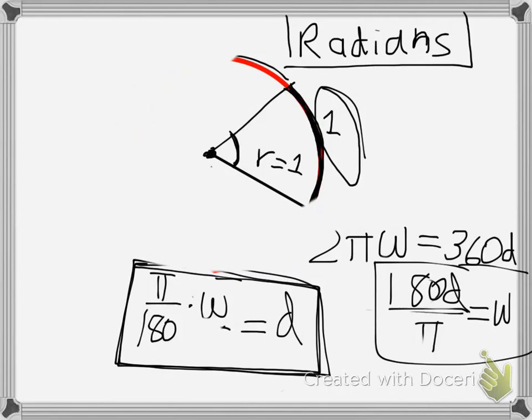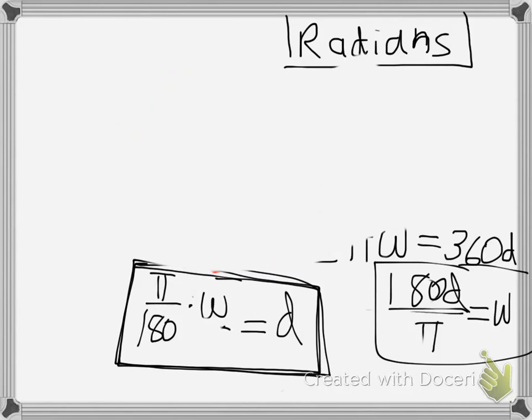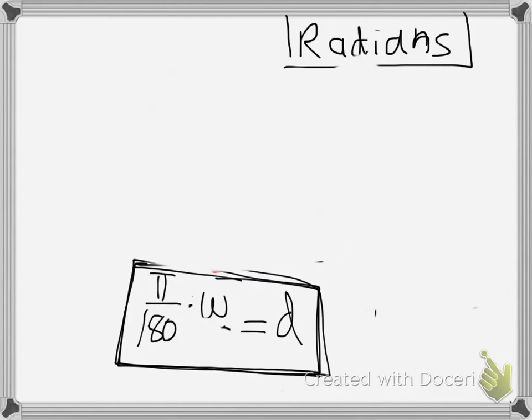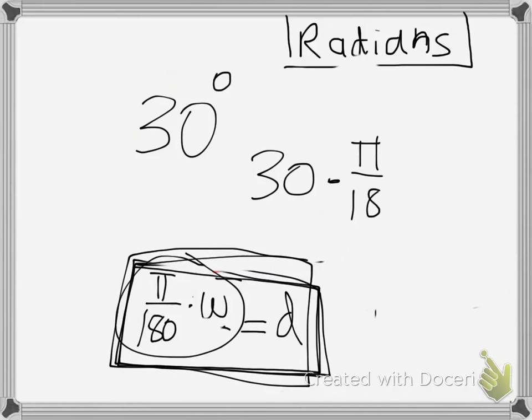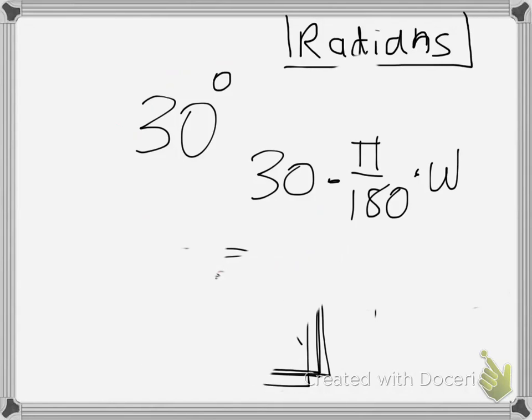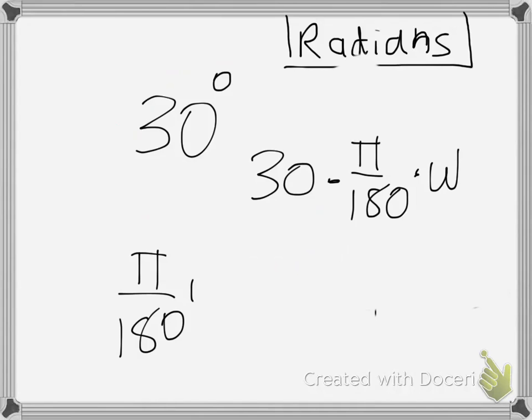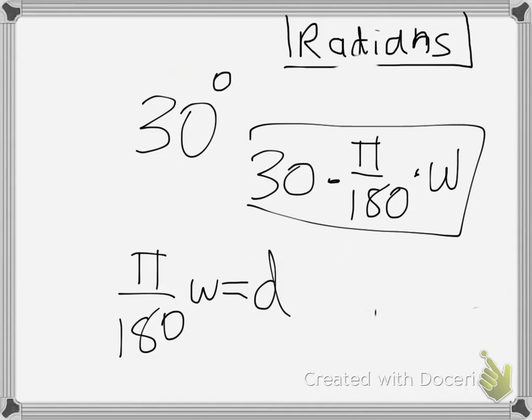So let's do an example of converting between degrees and radians. Let's say we have an angle of 30 degrees and we want to convert it into radians. Well, if 1 degree equals pi over 180 radians, how many radians does 30 degrees equal? We would just multiply this by 30. So it would be 30 times pi over 180 radians, or W. So what does this simplify to?